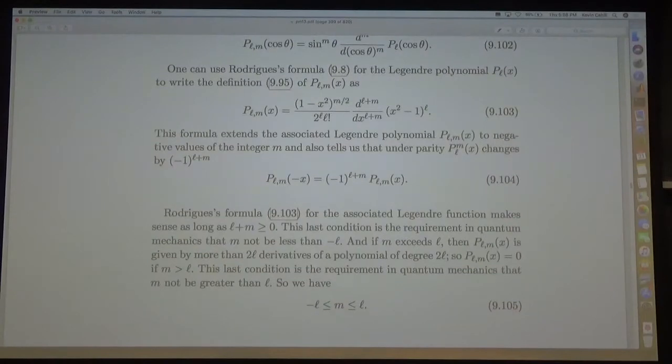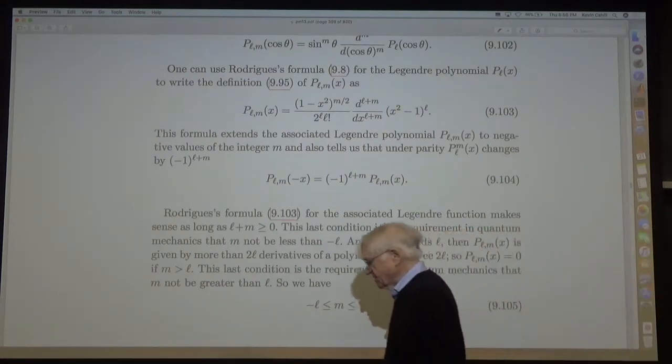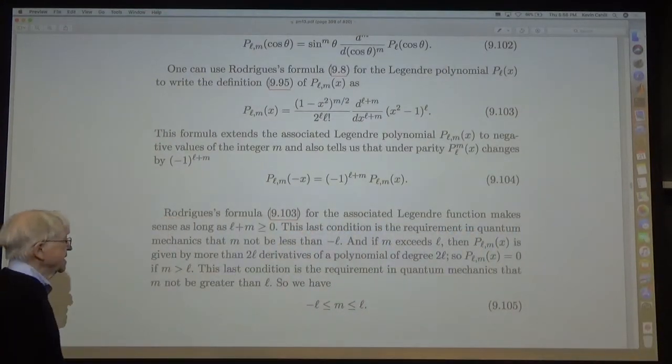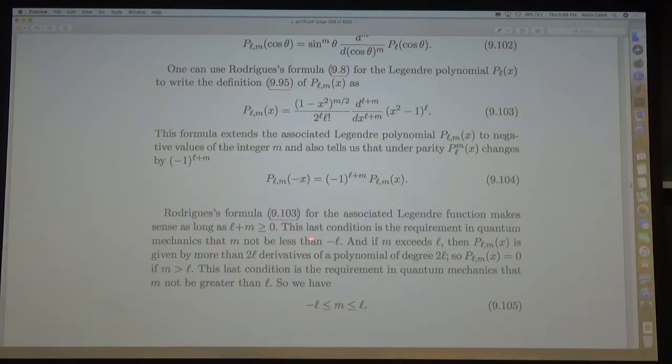So that gives us this condition that one sees in quantum mechanics, namely that the magnetic quantum number m can't be less than minus L. On the other hand, if m is greater than L, then P_L^m is given by more than 2L derivatives of something that is at most a polynomial in x, and the highest power is x to the 2L.